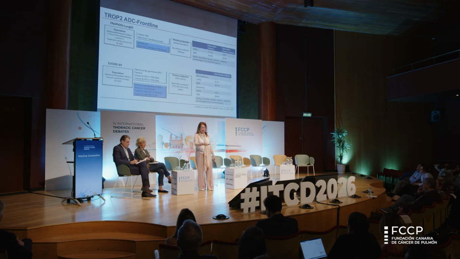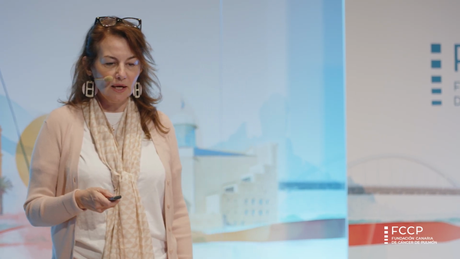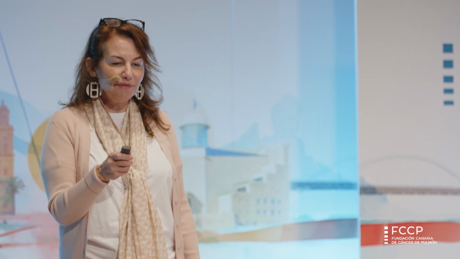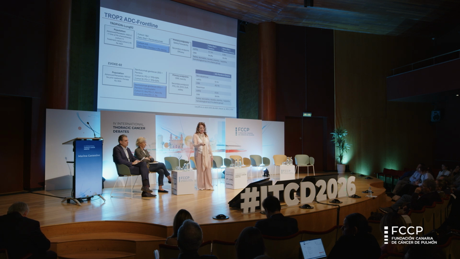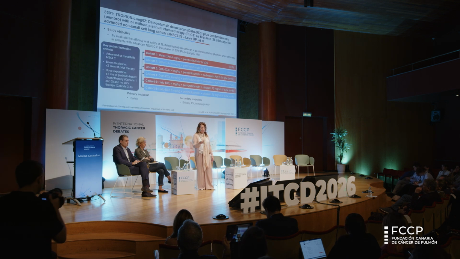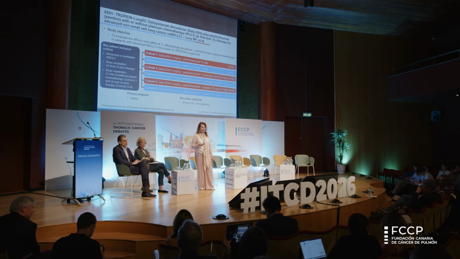So there are, again, two big categories of drug. One is with Dato-DXd plus or minus immunotherapy and chemotherapy, and the other one is with sacituzumab govitecan. We have very, very early signals that you can see on the right, and these results are coming from the TROPION-Lung02 trial.